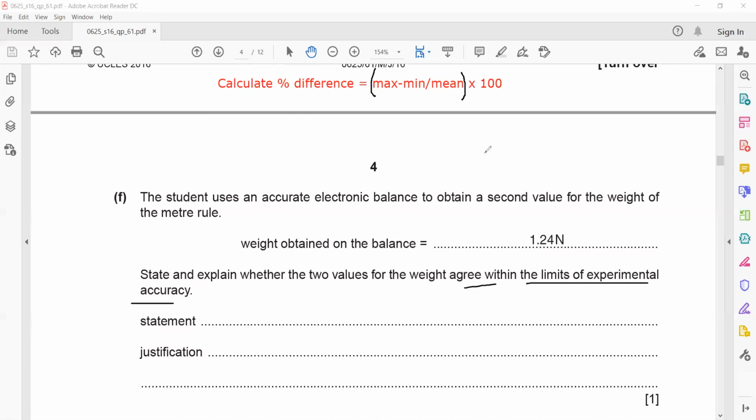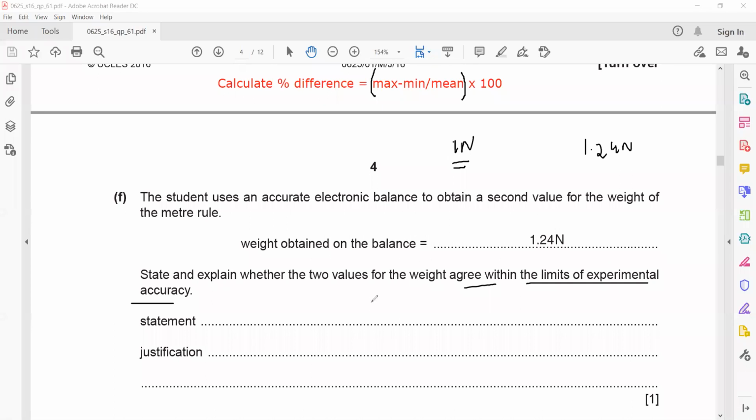You can even do this question by your understanding, by your estimation. One of the values is 1 Newton, another value is 1.24. What do you think? Are they close or not? By looking at these values, what does it appear?